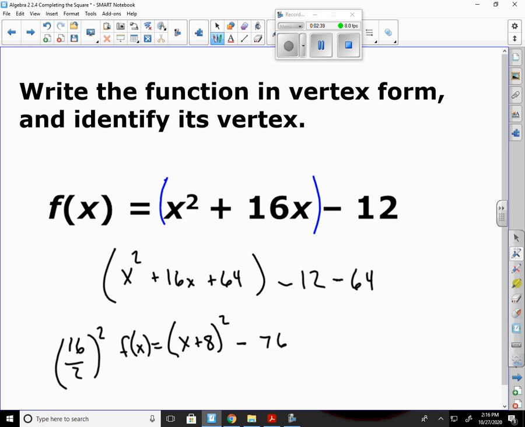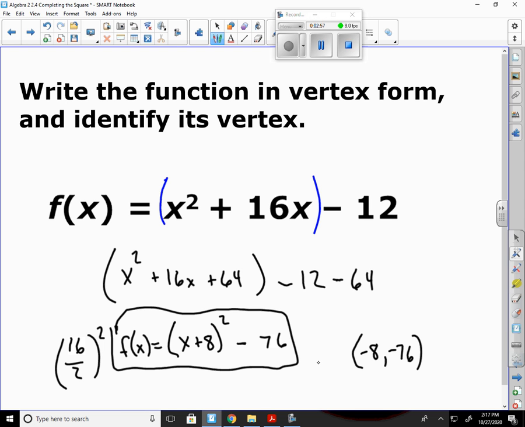If you look at this format here, it is in vertex form. So if I was asking what the vertex is, it would be opposite sign of this, so negative 8 and negative 76. That's my vertex of this function.